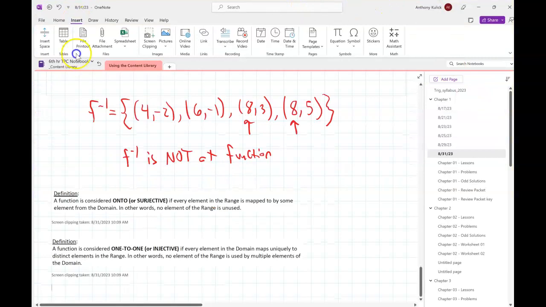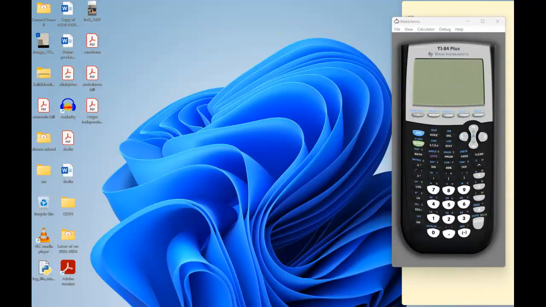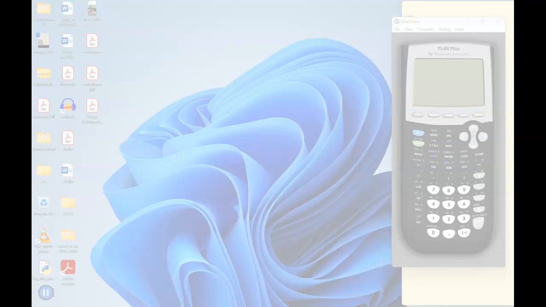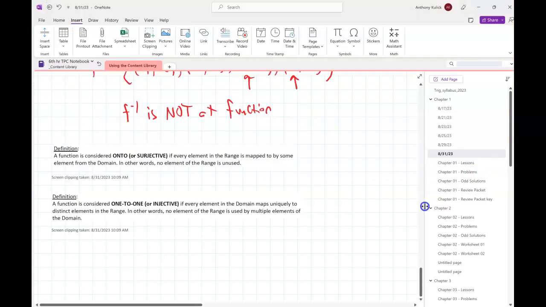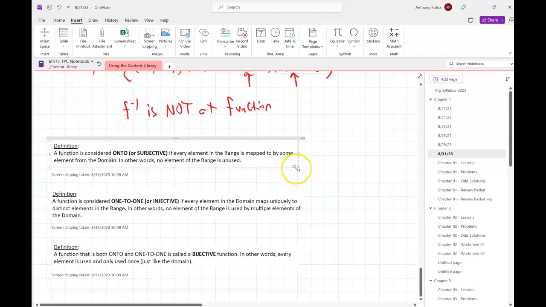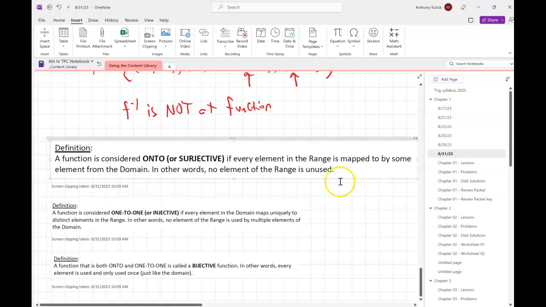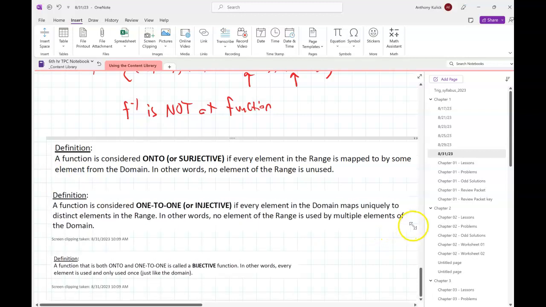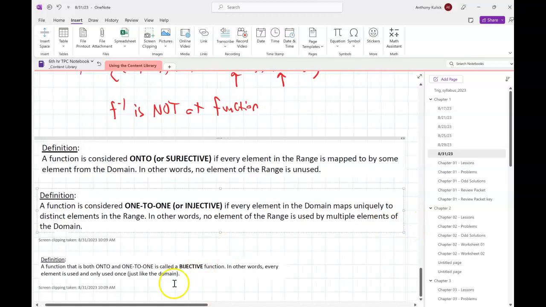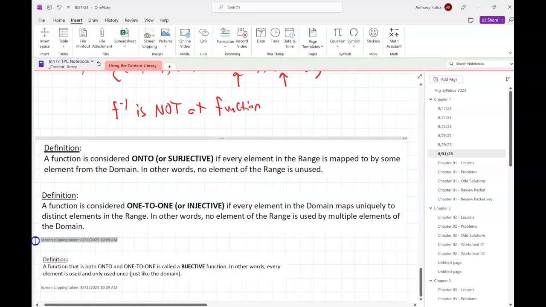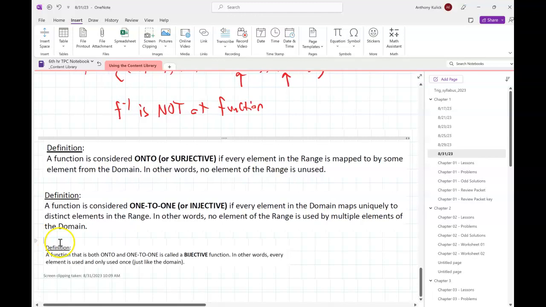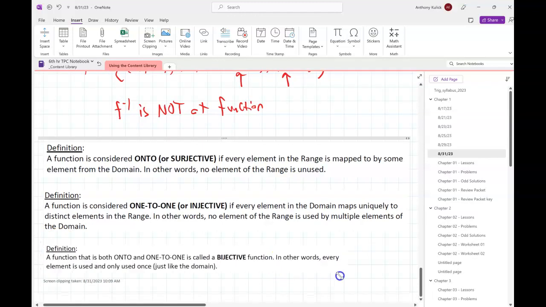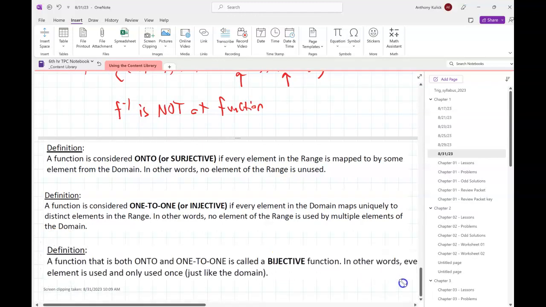And the last one is called bijective. We'll talk about what these mean in just a moment, because again, mathematics is sometimes not always clear by reading it.